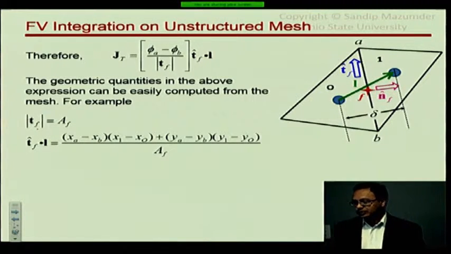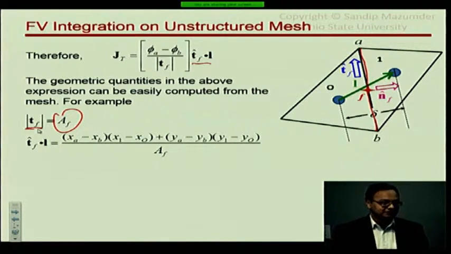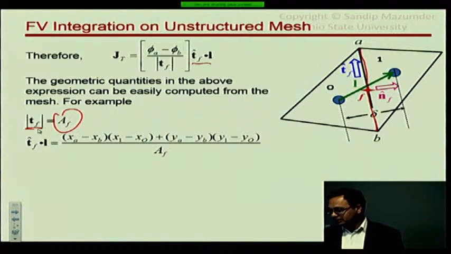And now it's a question of how do we calculate each of these. Now TF is the magnitude of the tangent, which is basically this length, and that length in 2D is nothing but the area of the face. And then TF dot L, you simply take the T vector and the L vector and dot it. So your T vector is XA minus XB i plus YA minus YB j divided by the magnitude of that vector, because this is the unit tangent.